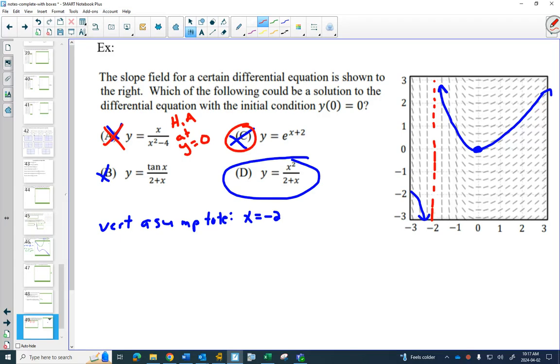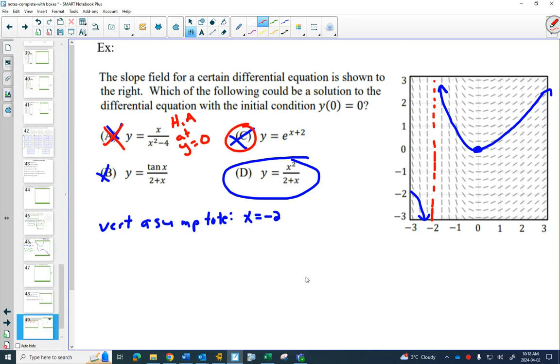So now we're down to two left. And we're using a technique here where we're thinking about each graph, and if we notice something that doesn't work for it, we cancel it out. So next one, how do I know to cancel out B? Well, on the top of B, I have tan of x. And tan of x is undefined at certain values, right? At pi over 2 and at 3 pi over 2 and negative pi over 2, tan is undefined.